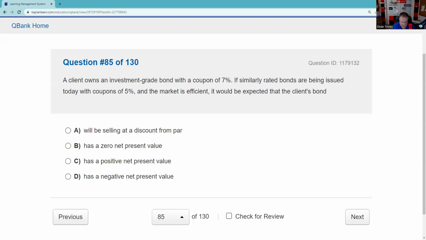And we had one before where it was neither overvalued or undervalued in terms of the question, right? So this is now the same kind of a version of that test. And remember, when it is going to be highly efficient, it's going to have 0. It's neither going to be overvalued or undervalued in terms of the net present value. So the answer is B.